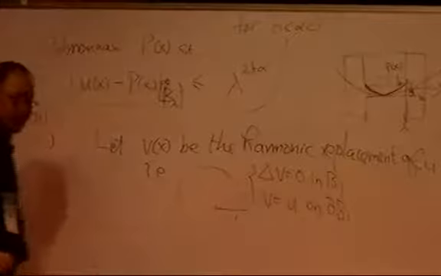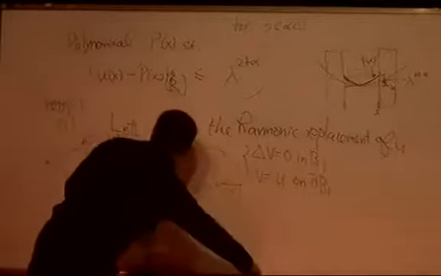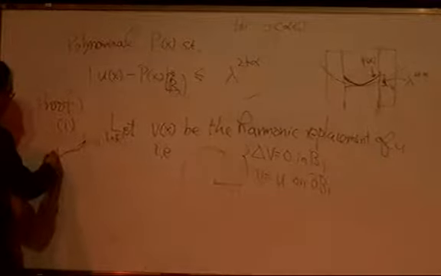So in other words, if you have a u here in 1D, what is the harmonic function in 1D? A straight line. So you choose this endpoint and make a straight line, and this is your harmonic replacement.